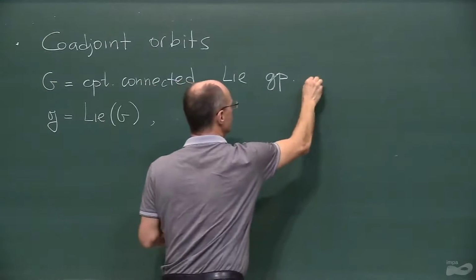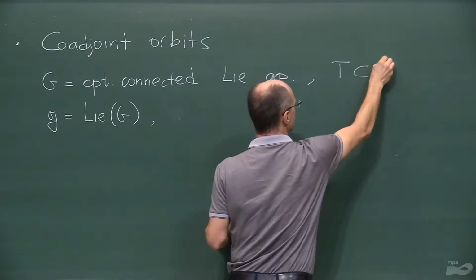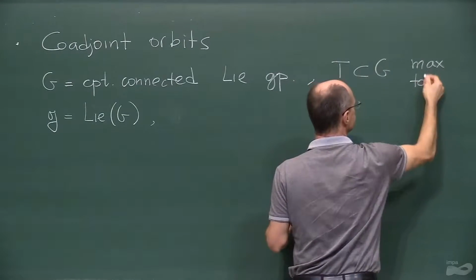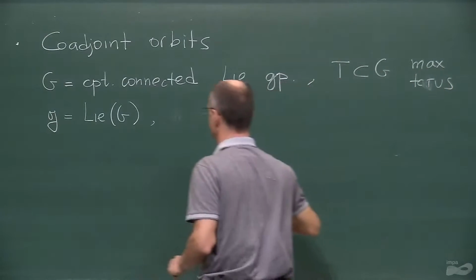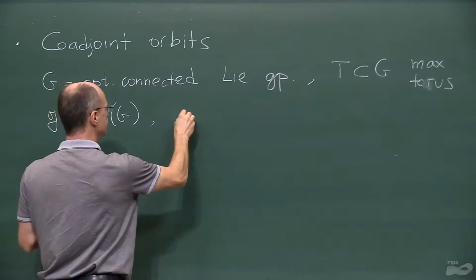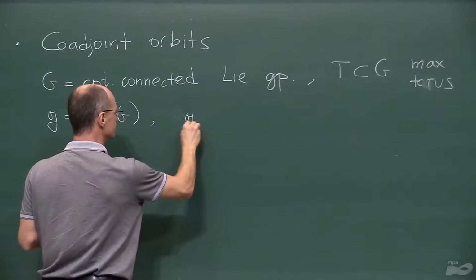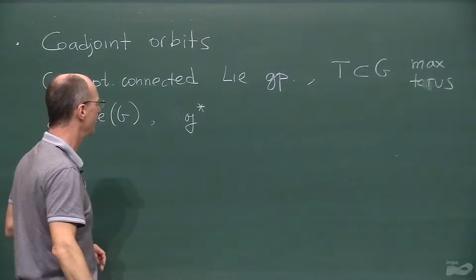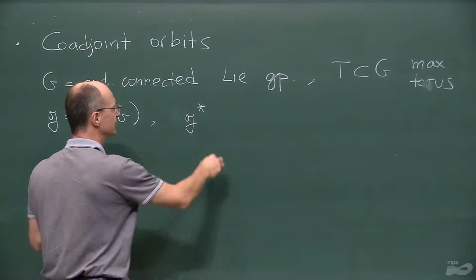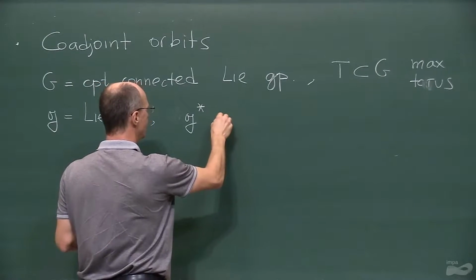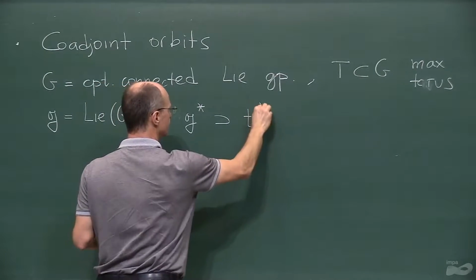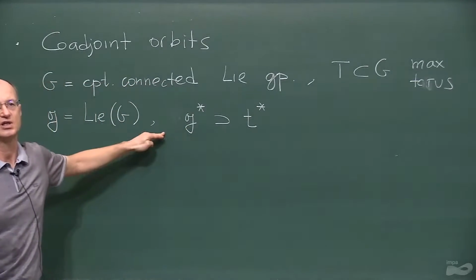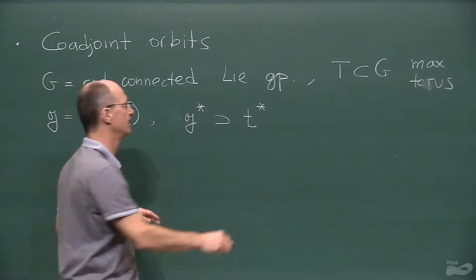Let's say inside capital G will be a maximal torus. Then we are interested in the dual to the Lie algebra. And by abuse of notation, let's say that we think of the dual to the torus inside g*. So this is not entirely functorial, but we can arrange it like that.